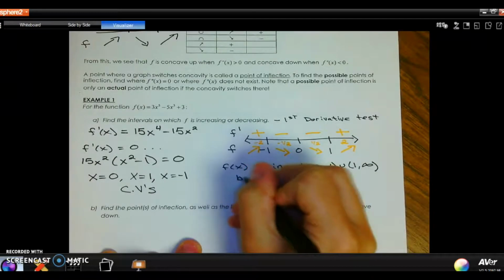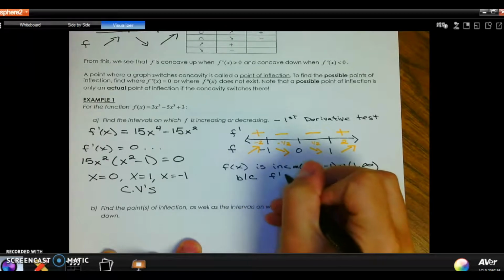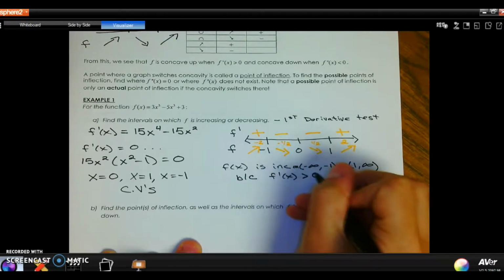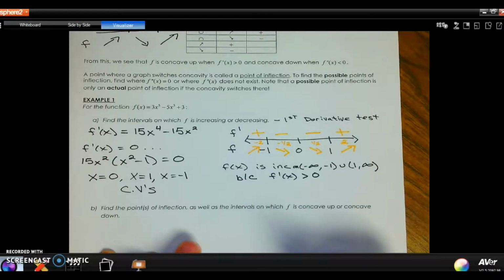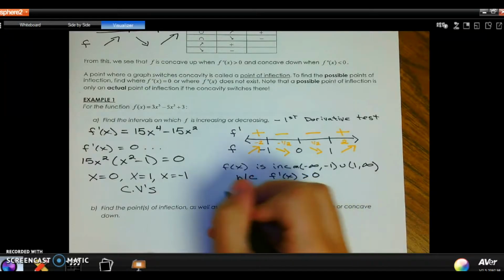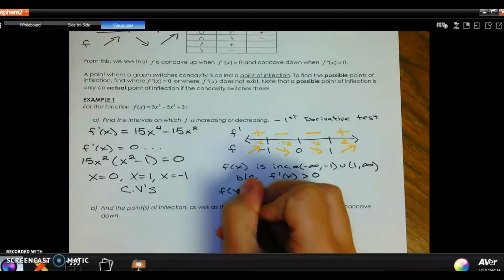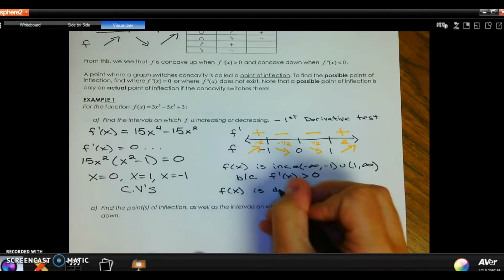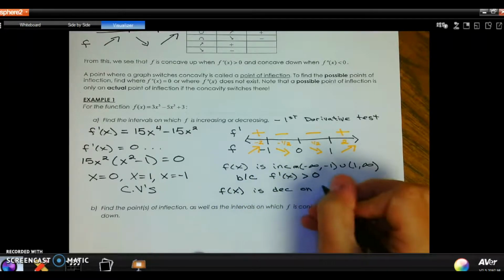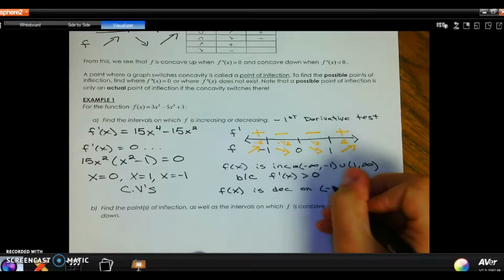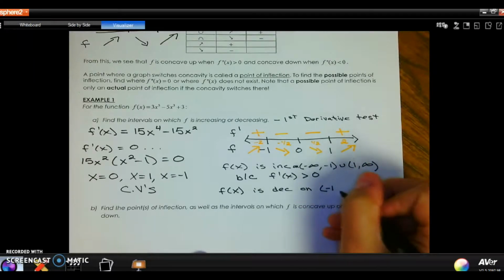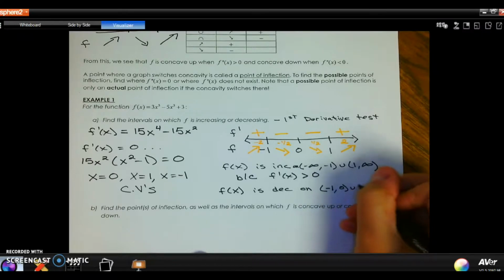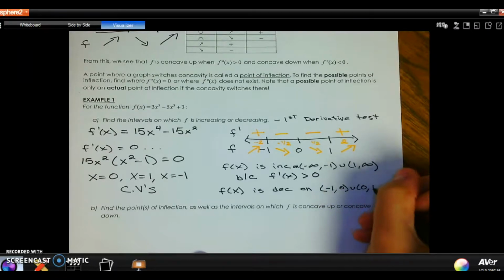Okay, and again, that's because the derivative was greater than 0, or you could say the derivative was positive. And then the next concluding statement I can make is that f of x is decreasing on the interval negative 1 to 0, union 0 to 1.